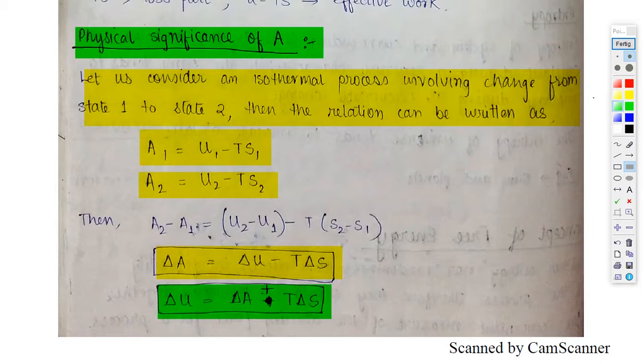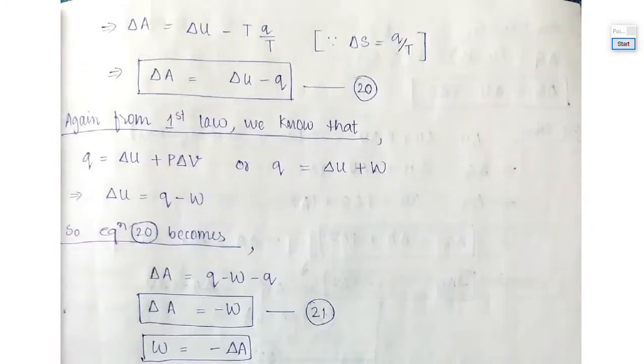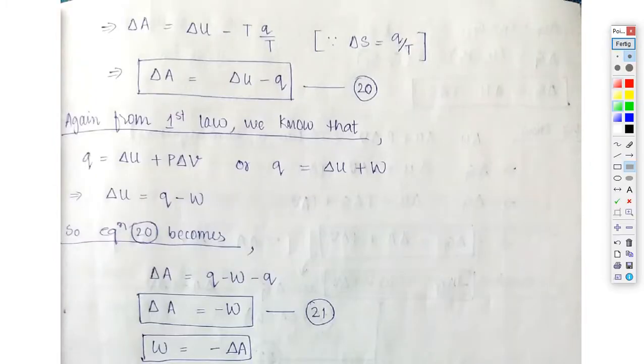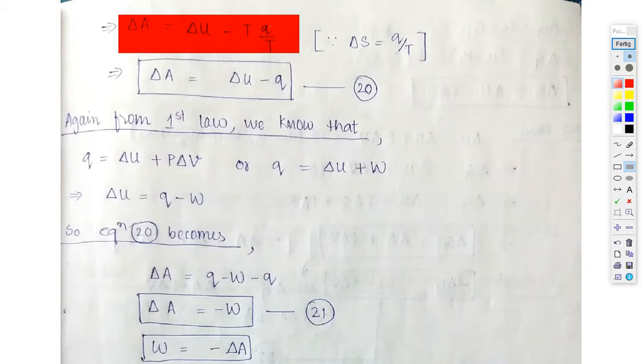This is the important thing you need to understand. Okay, let's move to the next slide. Here, delta A equals delta U minus T delta S, and the entropy change delta S equals q by T. So delta A, the Helmholtz function, equals the change in internal energy minus the heat energy, the quantity of heat.